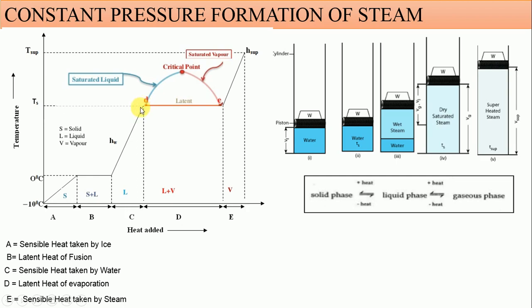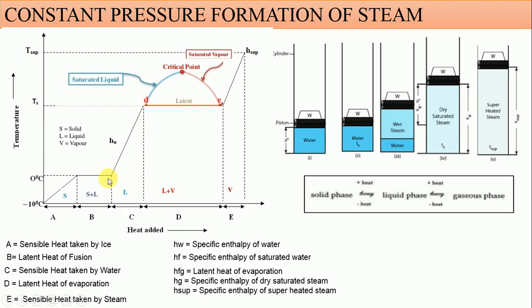Now this we call that particular specific enthalpy of water. So C is nothing but sensible heat taken by water. So the amount of heat required for conversion of 0 degrees Celsius of water into the 100 degrees Celsius of water is nothing but sensible heat of water.